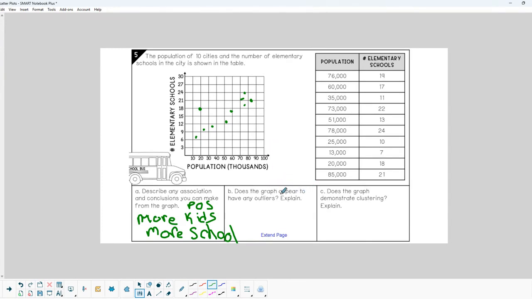Does the graph appear to have any outliers? Yes, it does. There's one right there, and that is the one where 20,000 people had 18 schools. That had way more schools than most of the other areas that had similar populations.